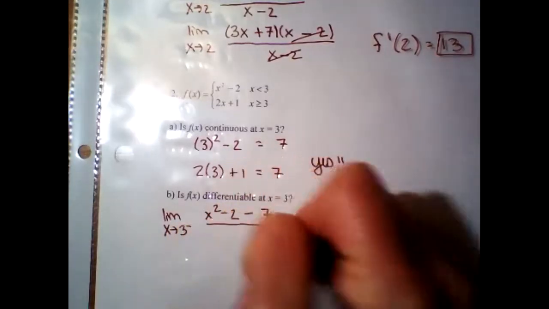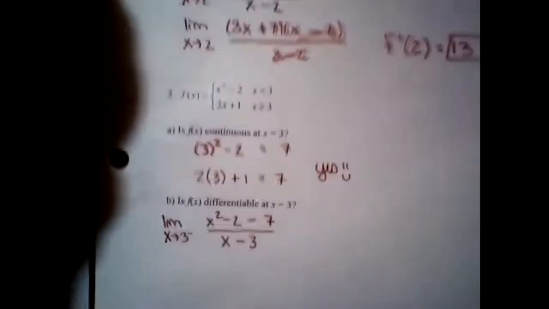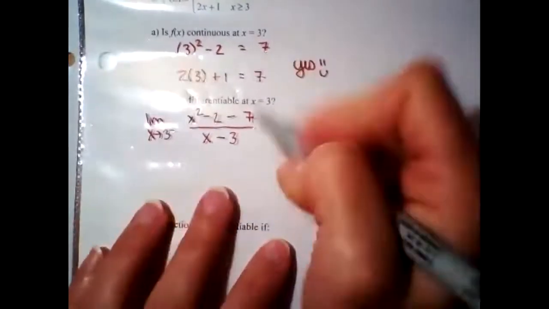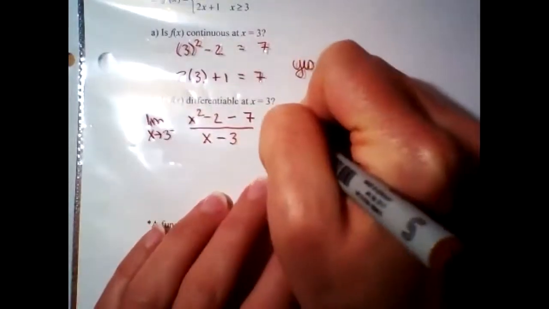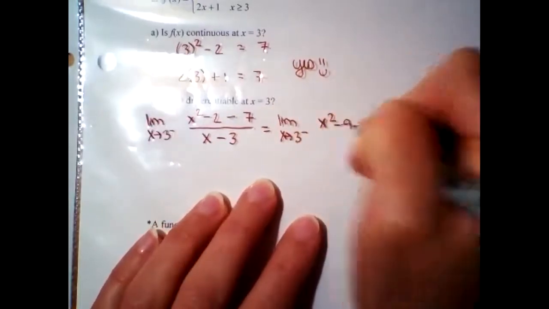And then it's over x minus whatever value you were approaching, which in this case is 3. I know it's 3 from the left, but still just 3. So in the numerator, if I combine those like terms, that's going to be x squared minus 9.